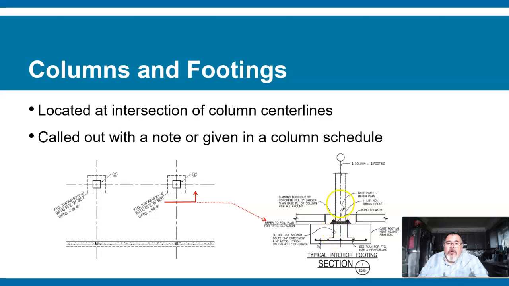And the steel comes out, and this column here, the center line of that column, it's 1 1/2 inch base plate, diamond block, concrete fill, 3 inch larger than base. Looks like this is a piece of steel column because that gets bolted down on top of this footing. Diamond block out with concrete fill, 3 inch larger than base plate or column, pier all around.